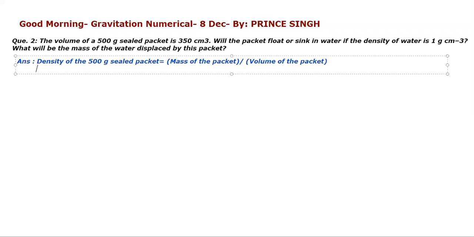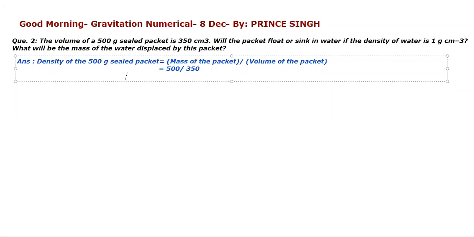So just put the values. 500 divided by 350.